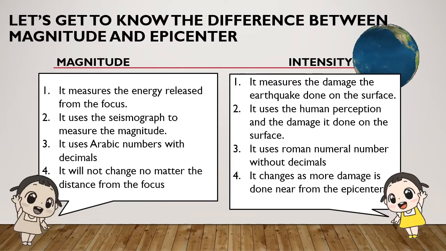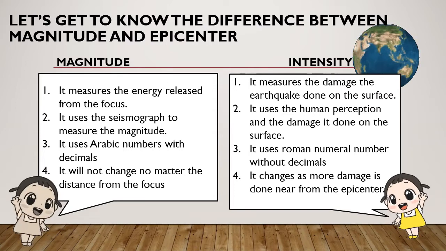If you are near, you will get more damage from the epicenter. If you are far from the epicenter, you will likely get lesser damage from the earthquake. Okay, that's how magnitude and intensity differ from each other.